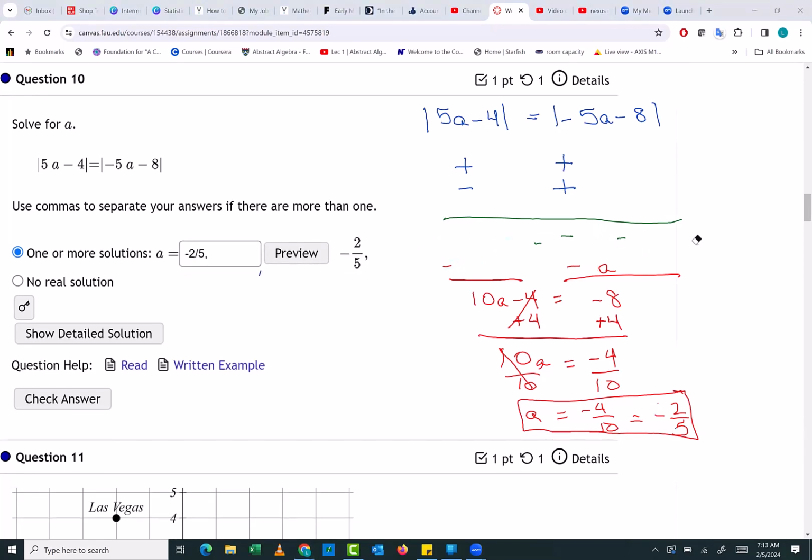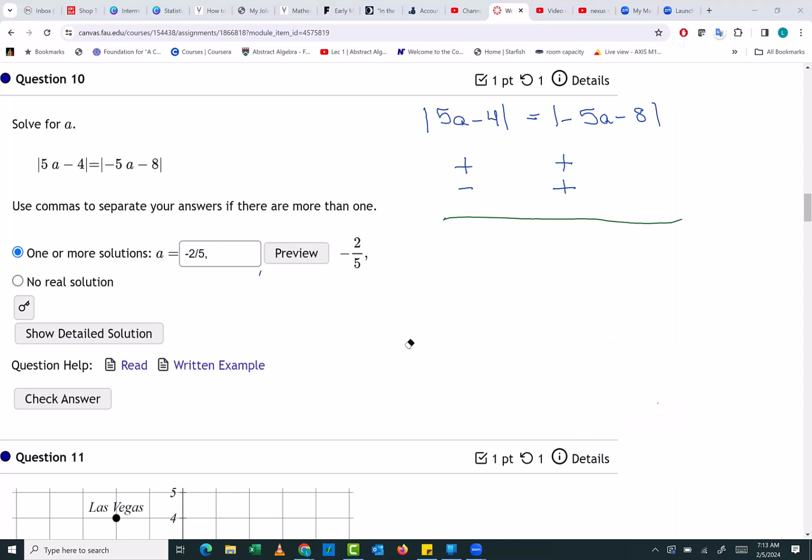Now we're going to solve for one side being negative and the other side staying positive. We're going to make the left-hand side negative, and the right-hand side is going to stay as if what's inside is positive. I can distribute.